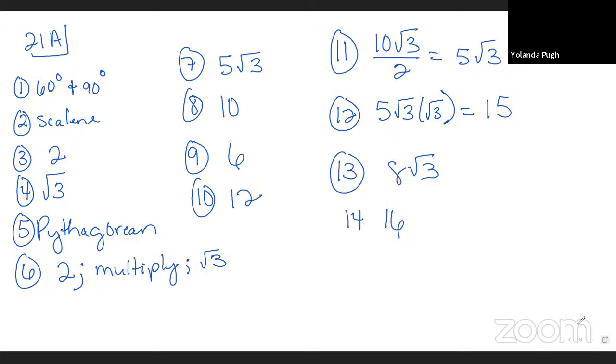Now on number 15, it says ABCD is a rectangle. Side BC is 3, the diagonal there, BD, is 6, and the bottom is 3 square root of 3. What are the measures of angle 1 and 2? And I'll draw the triangle here just so we can look at it together.